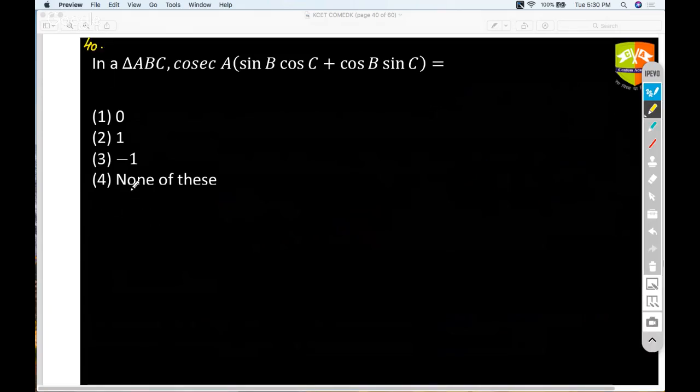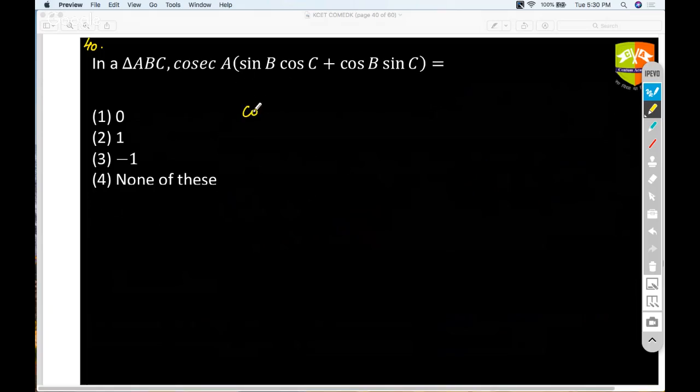In a triangle ABC, find the value of cosec A times sine B cos C plus cos B sine C. In a triangle ABC, and again, I think this is not more than a 10-second question. Right?